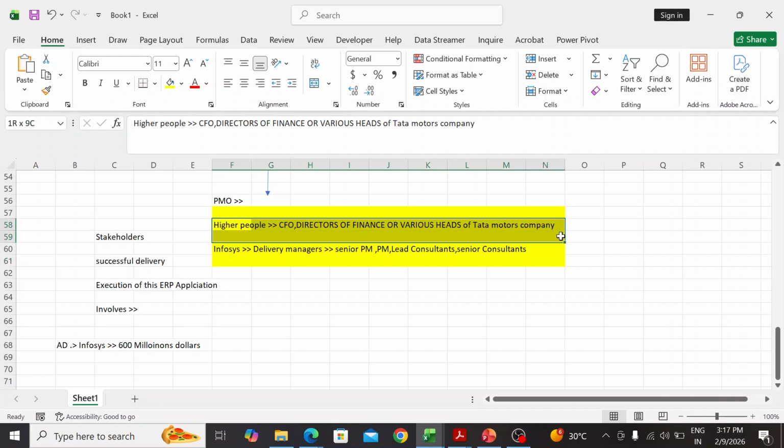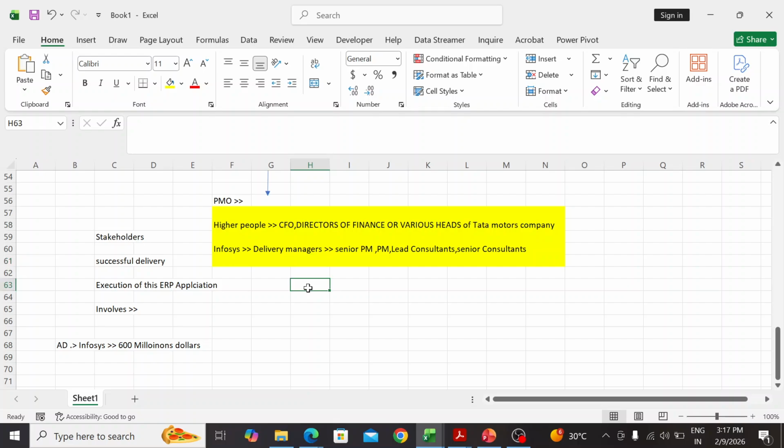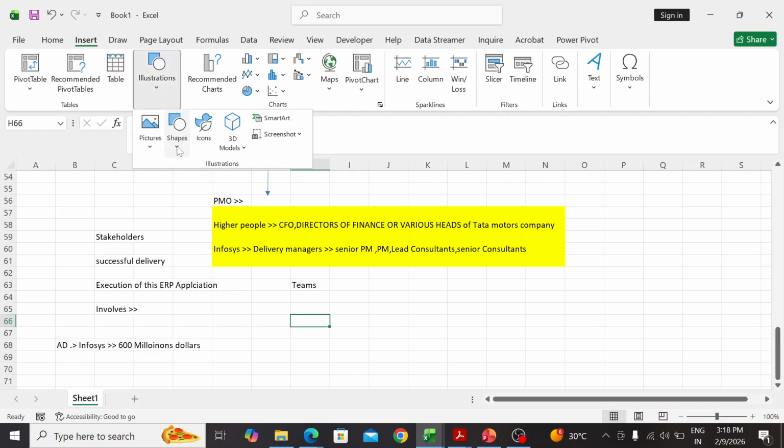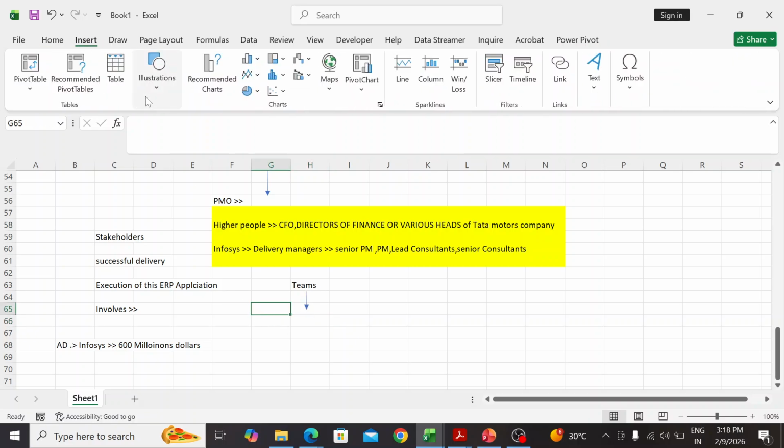Initially they will get into the agreement with the stakeholders, then Infosys itself will design the teams in two ways. To implement any kind of software, they need a team. So we can divide the team into two categories. Okay, let me show you how it is.